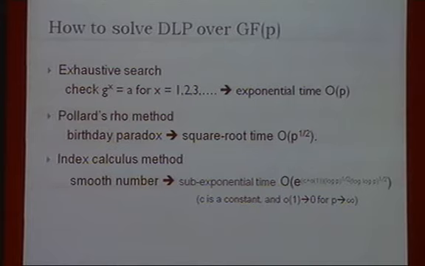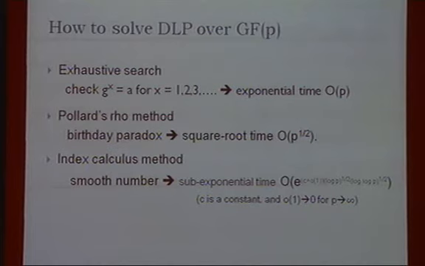And the question was, can we go further, much lower than this bound? The index calculus method uses smooth numbers, and when you use just integers or some elementary mathematics, it is quite hard to break this lower bound.